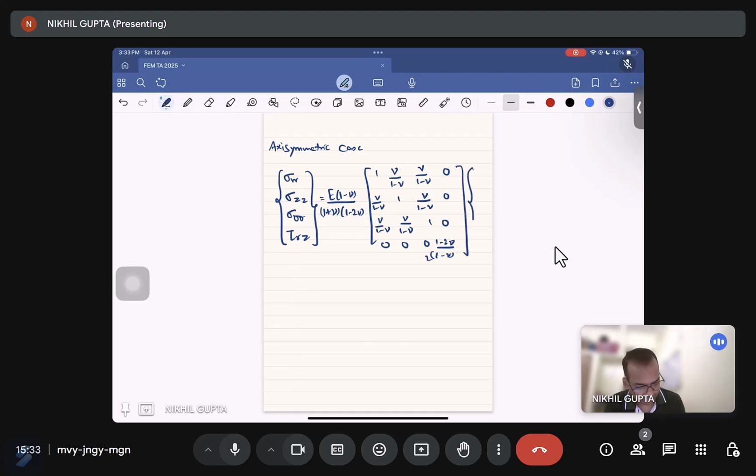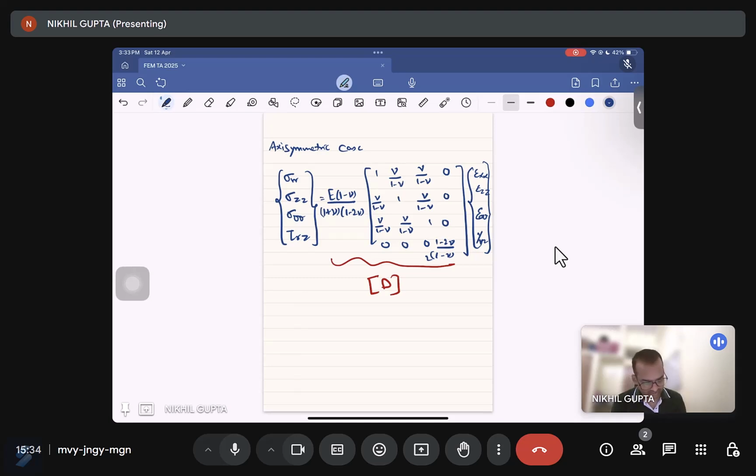Now the strain vector will be epsilon rr, epsilon zz, epsilon theta theta, and gamma rz. So this is basically the D matrix which we need to compute the values of sigma when we have the strains.